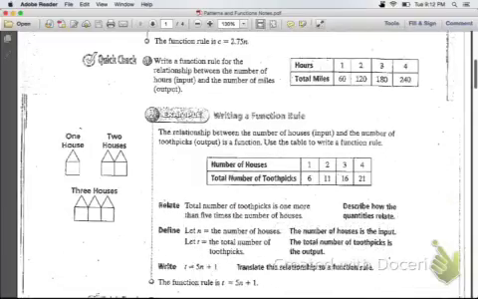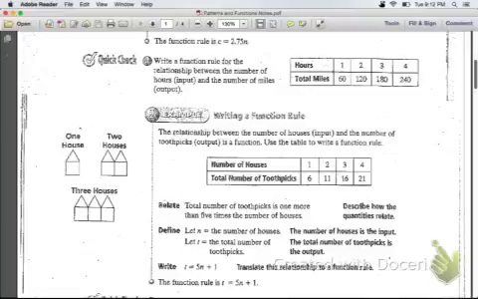So let's check this with a quick check. Let's write a function rule for the relationship between the number of hours, the input, and the number of miles, the output. So they're telling you the x and the y.